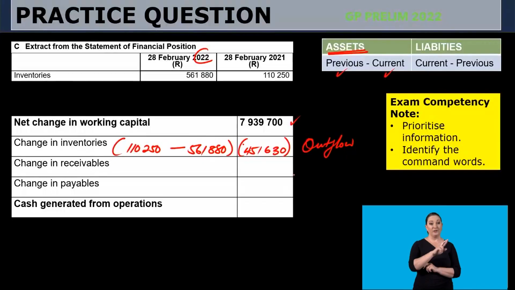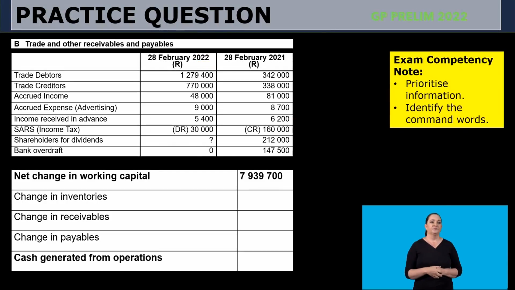Let's move on to the next parts, which is the change in receivables and then the change in payables. When we come to our change in receivables, we will have to add certain figures together to get this total amount. So make sure you have your calculator ready. We will now look at the first year.